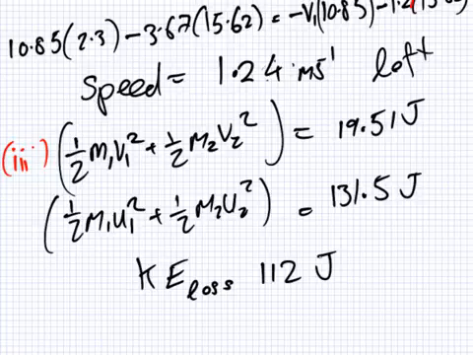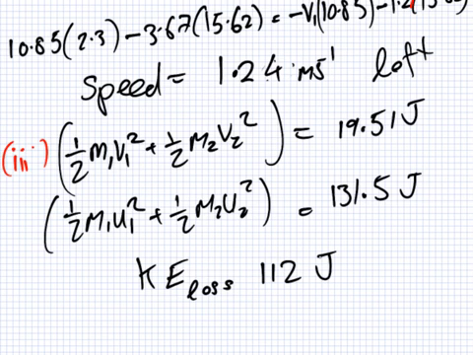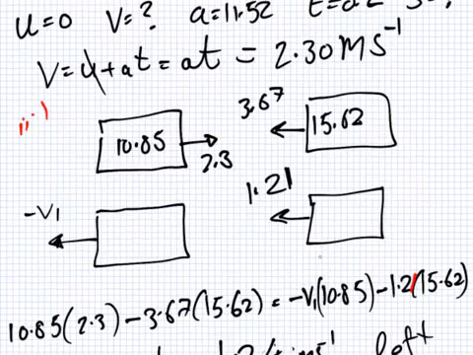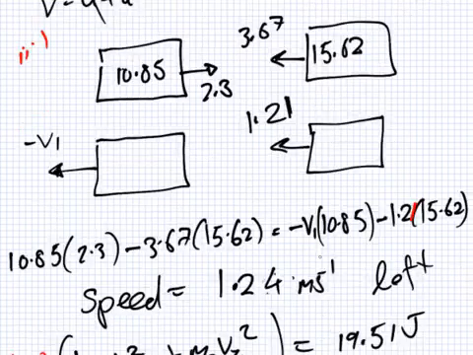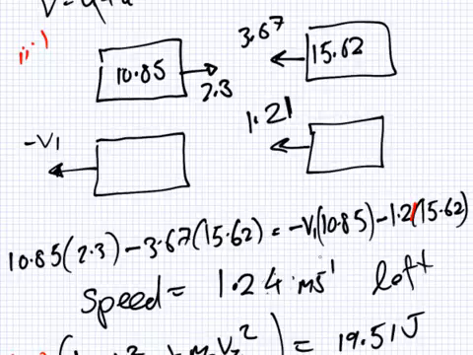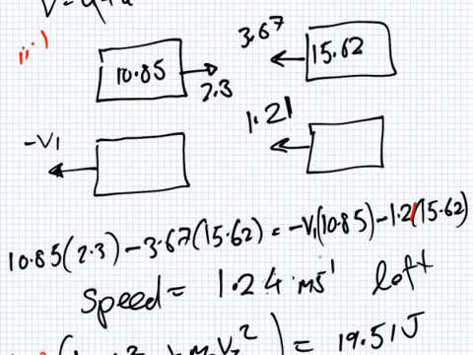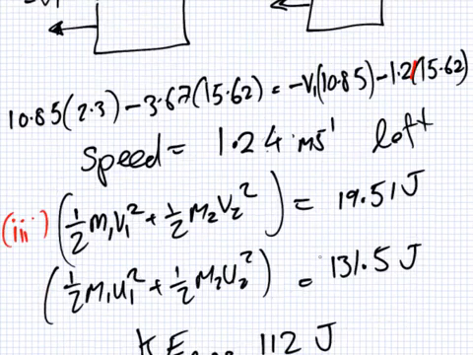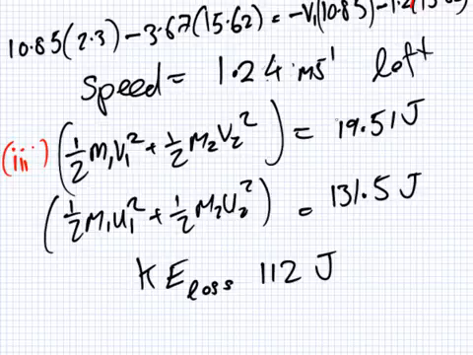I took 1.24, and that was for the 10.85, and for the other one it was 1.21, and the mass is 15. Oh, no, my bad. I typed in 15.26. It should be 15.62. Right, so I think that'll fix it up. That's actually 19.8.